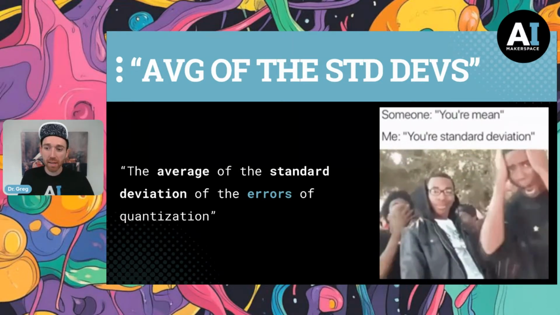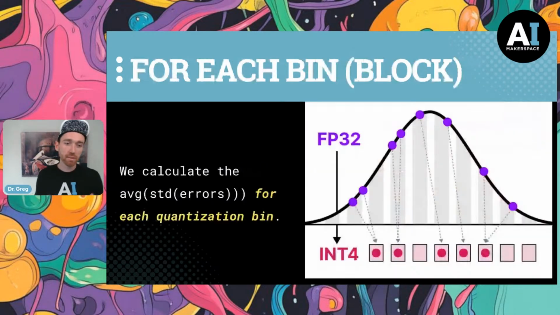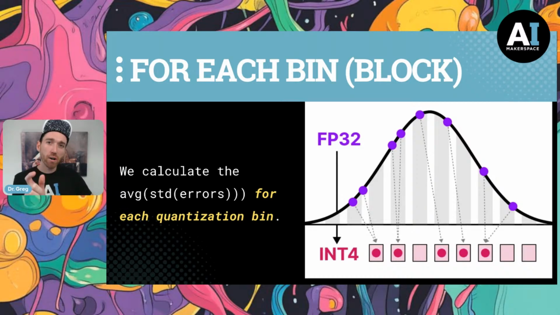Okay, this is visualized like this: the average of the standard deviation of the errors. So these two are going to be both in this bin, these two in this bin, and so on. Now, the bin has a center point, it has some range. And we're going to sort of say, okay, well, how far off is this point from the bin?